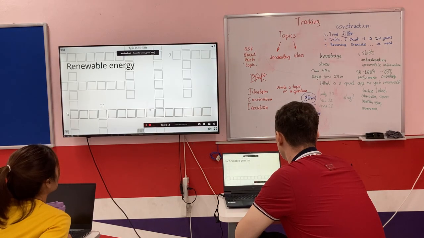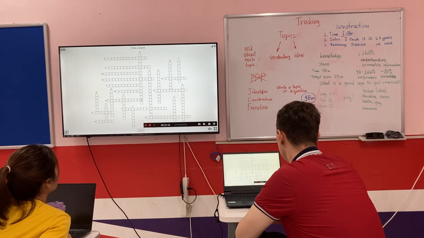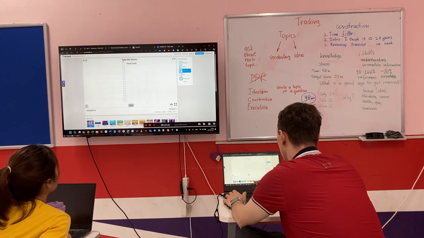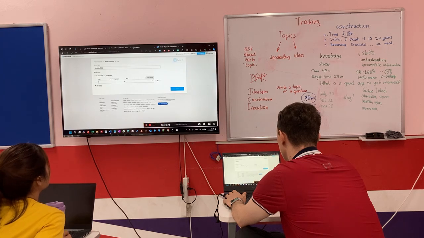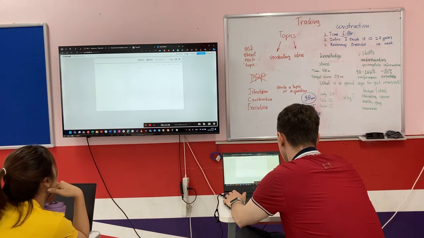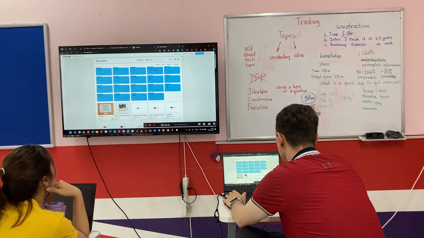Let's see how it will do about that. See, it now makes Vietnamese. So what we have to do, we have to disable Vietnamese words from this. This is it.